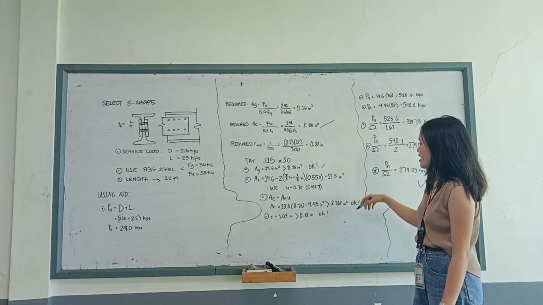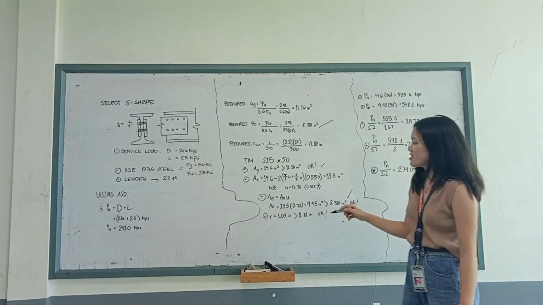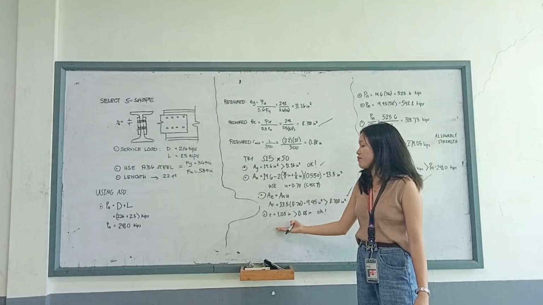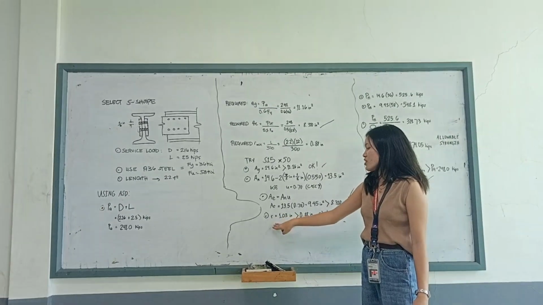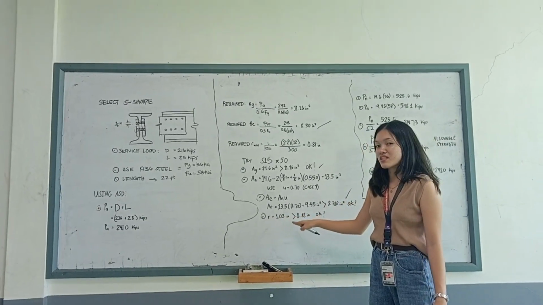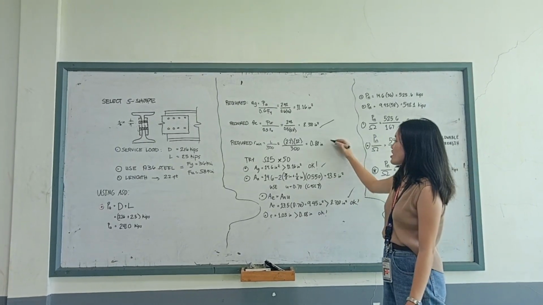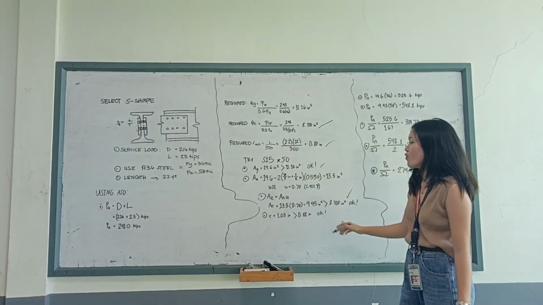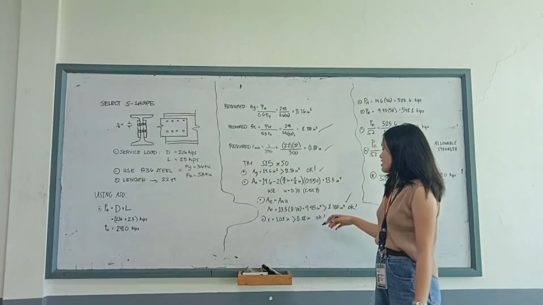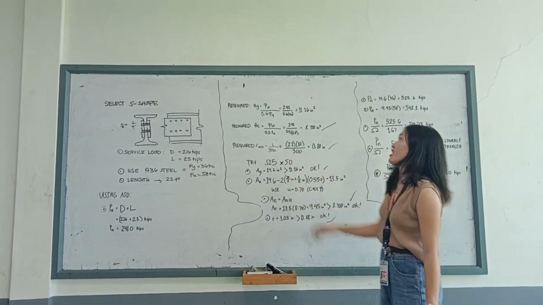So check. Then, the slenderness ratio from the same table is equal to 1.03 inch, which is also greater than the required slenderness ratio. So, the slenderness of this material is okay.